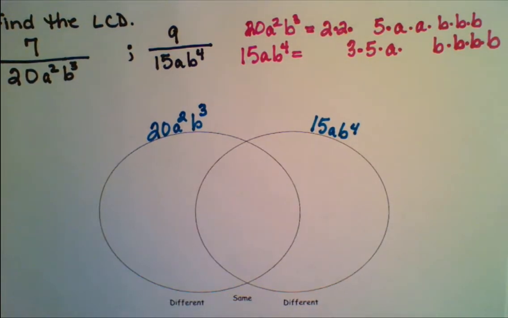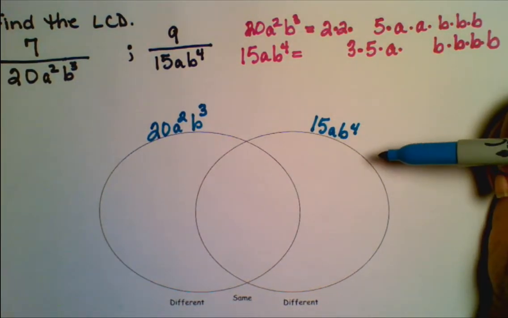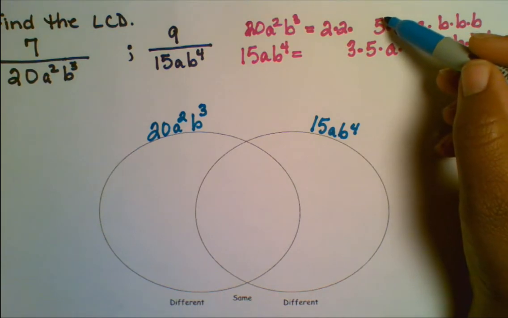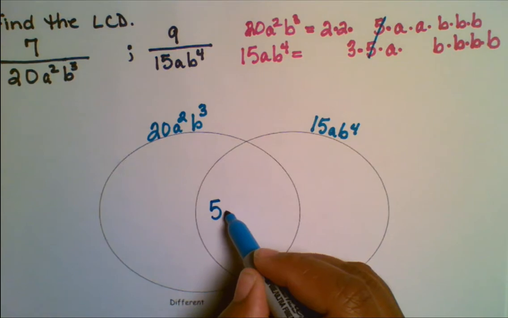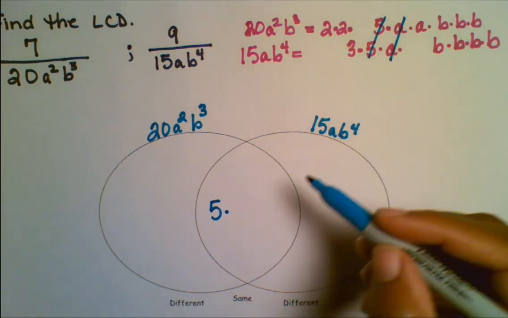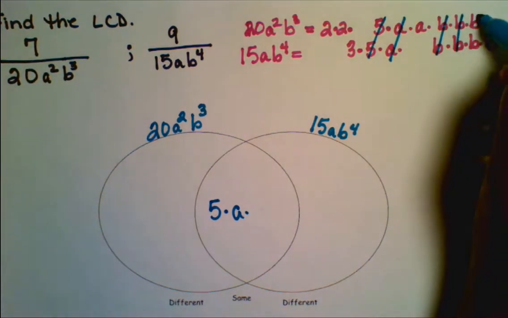All right, so what is the same? What do these expressions have in common that you see? We see a 5, a set of a's, and 3 sets of b's.